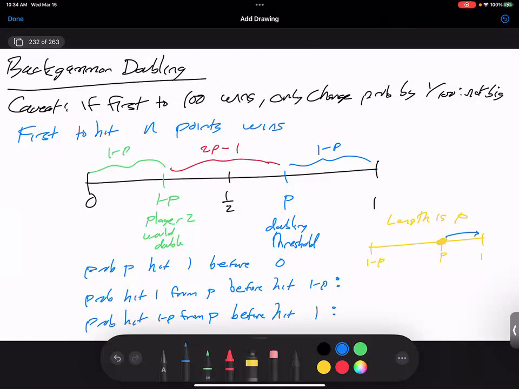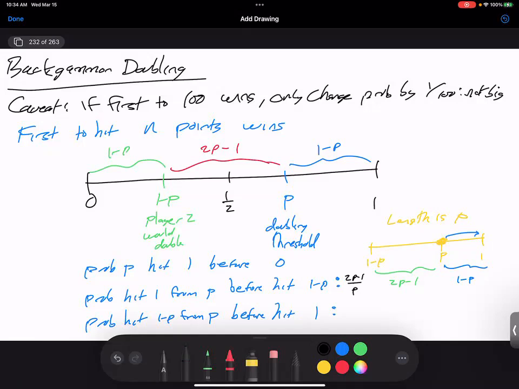So what should the answer be here? 2p minus 1 over p. So this side over here is of length 1 minus p. This part over here is of length 2p minus 1. So this probability would just be 2p minus 1 over p.